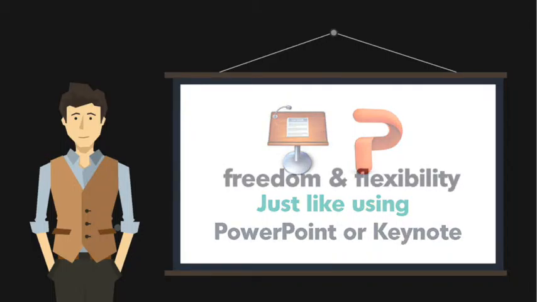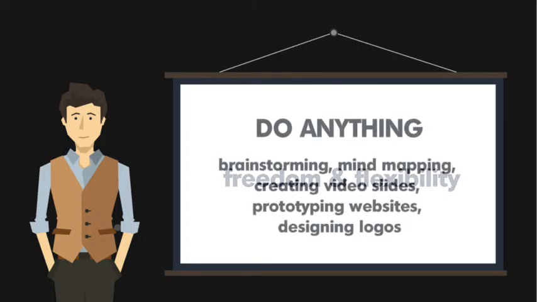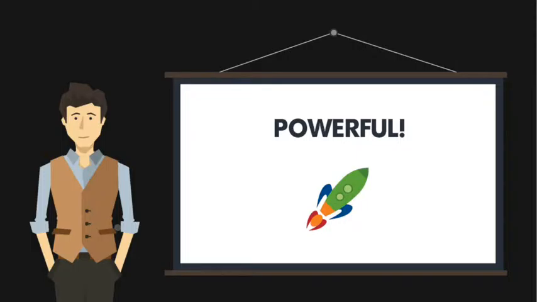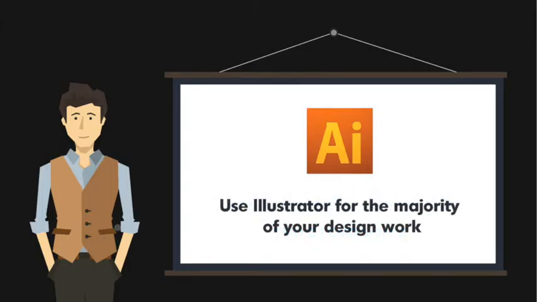The key difference is that you have a lot more freedom and flexibility. You can use Illustrator for almost anything: brainstorming, mind mapping, creating video slides, prototyping websites, designing logos, and more. It's pretty powerful. Also, on Illustrator, you have unlimited undos. This is not the case for Photoshop, which is another reason why I recommend you to use Illustrator for the majority of your design work.